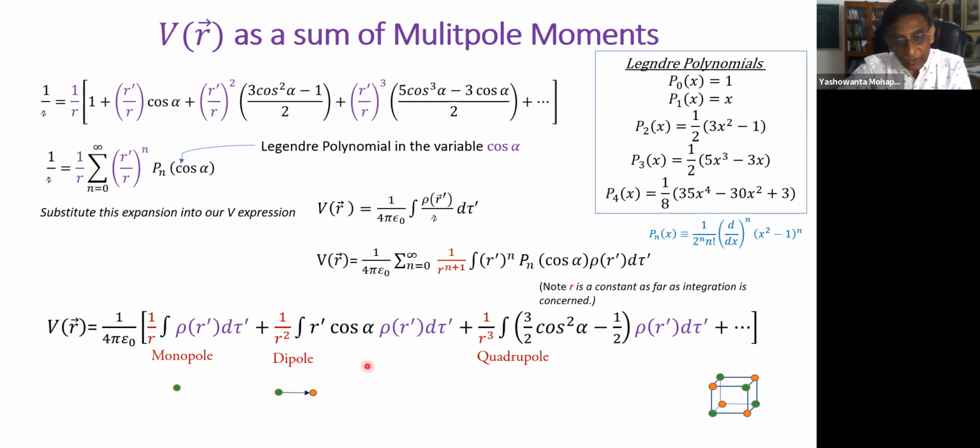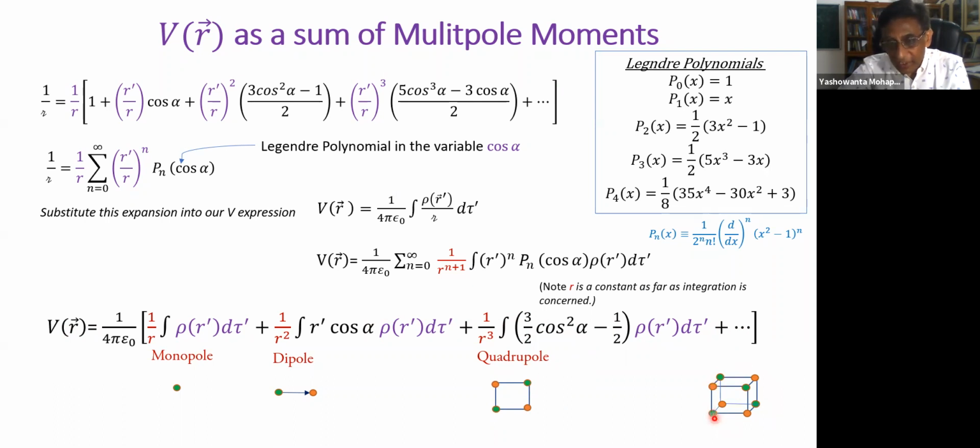Let's look at the next, called the quadrupole. Its potential goes as 1 by r cube, and the factor is 3 by 2 cos square alpha minus half, and this is d cube. Then I have the octupole. The icon for the octupole would be a cube with plus and minus charges.